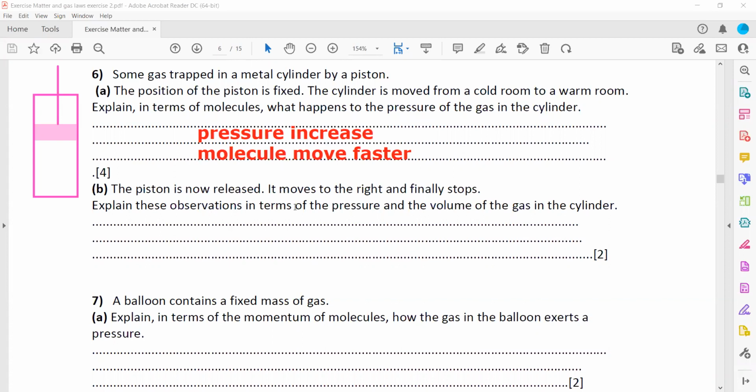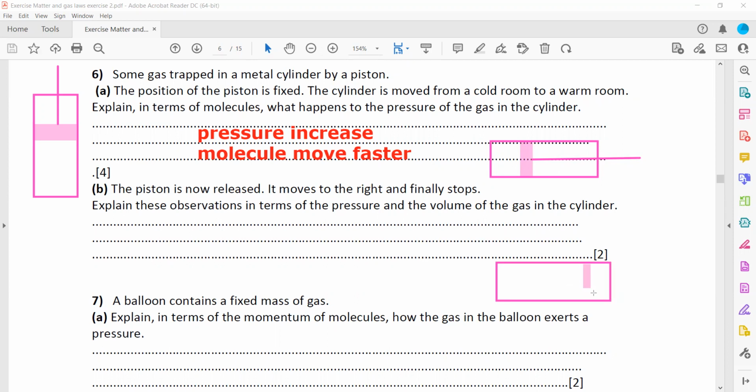The piston is now released and it moves to the right and finally stops. So basically the cylinder is placed in this manner. Initially this was the position. Then we allow the gas to expand.